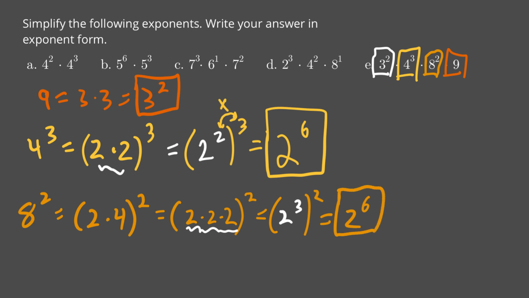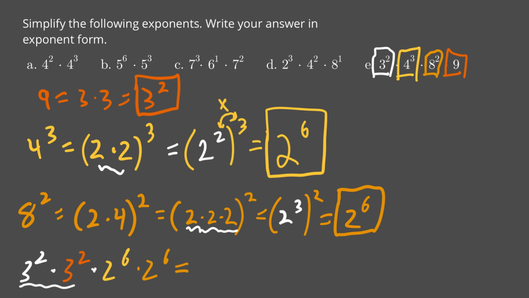All right, now let's write it out. I'm going to slightly reorganize this to make sure that the appropriate parts are grouped. So in white, we have 3 to the power of 2 times the red 3 to the power of 2 times the yellow 2 to the power of 6 times the orange 2 to the power of 6. Now we can simplify this.